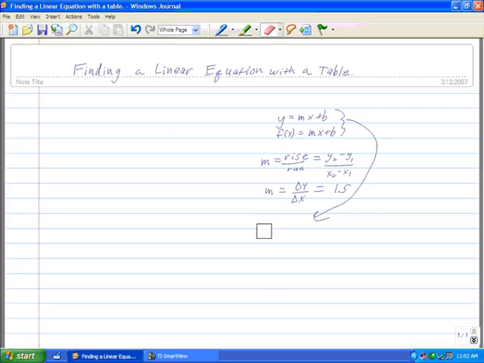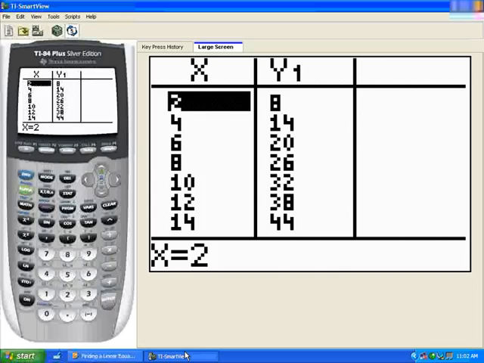So, we've got our slope being delta y over delta x, and the bottom we already see is a 2. Now for our delta y's, we go 8 to 14, 14 to 20, 20 to 26, 26 to 32. Every time, the same delta y of 6.